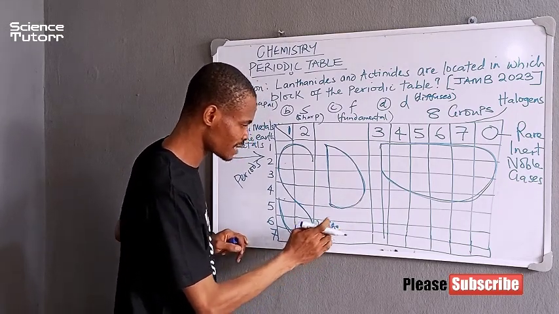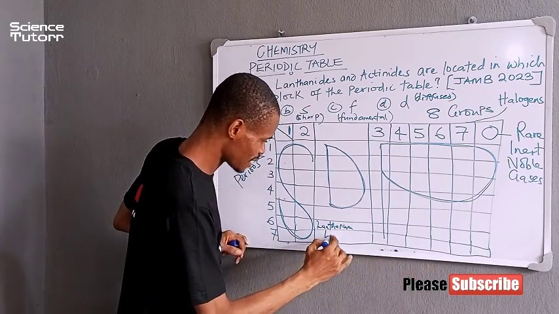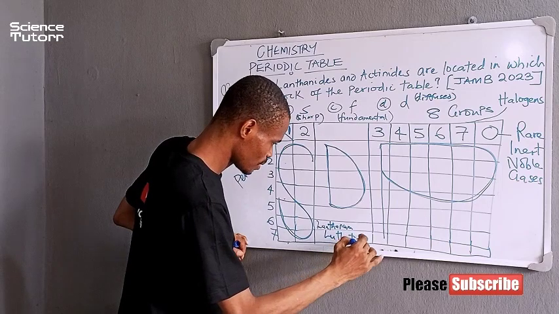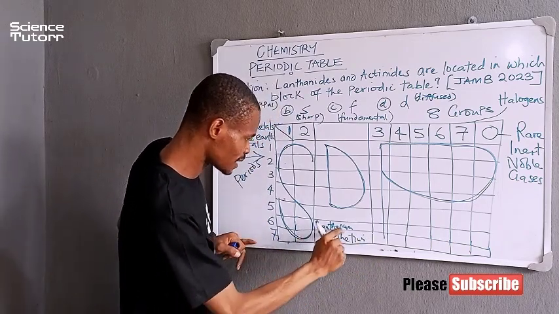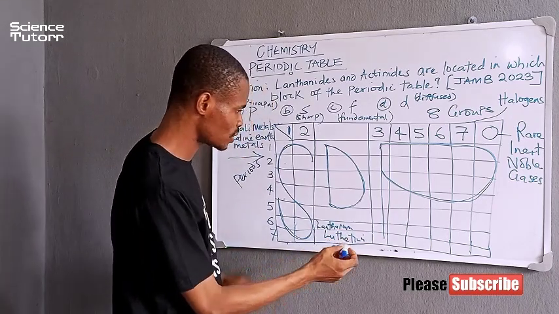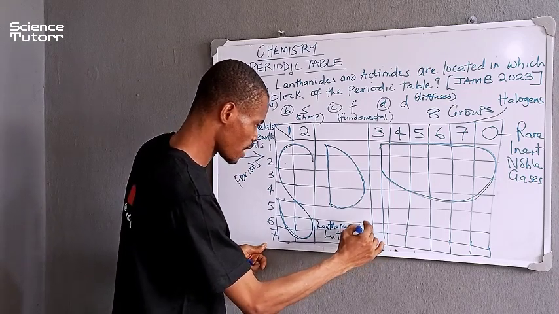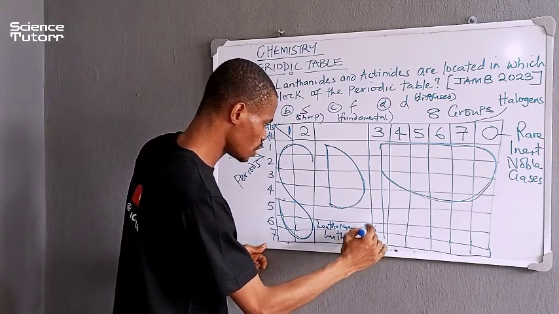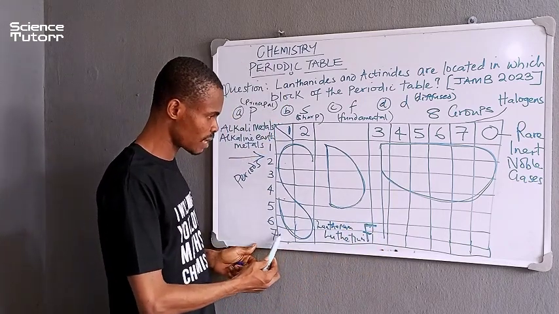It begins from lanthanum and ends at lawrencium. The lanthanides and the actinides, also known as the inner transition elements, we call them the F block elements. They are found between group 2 and group 3 along period 6 and 7.